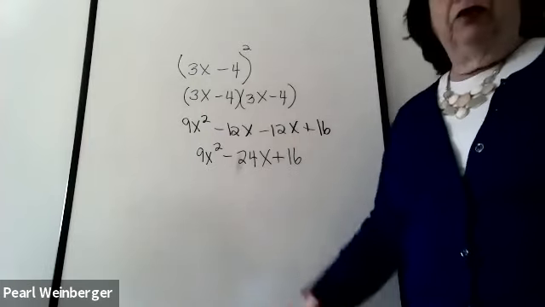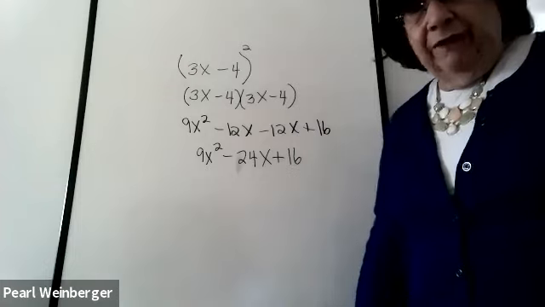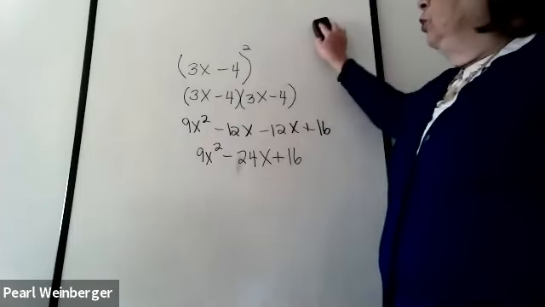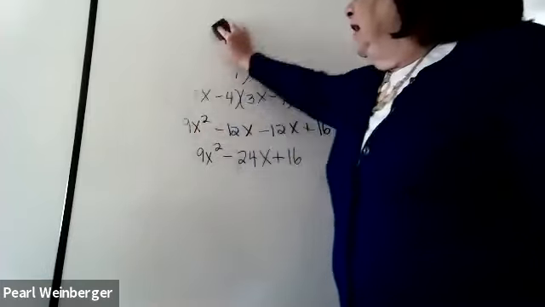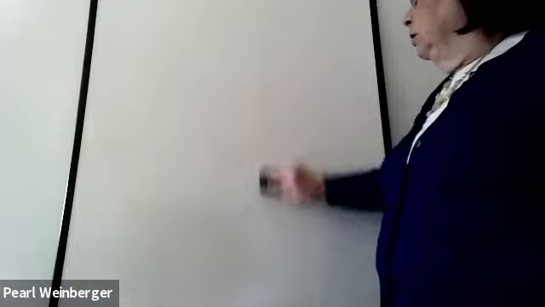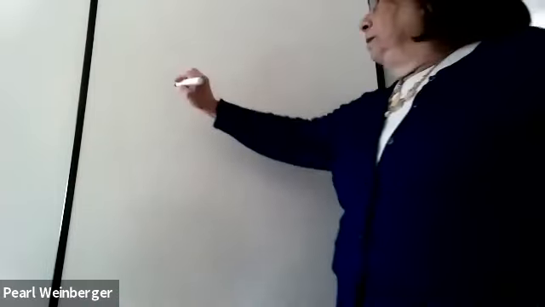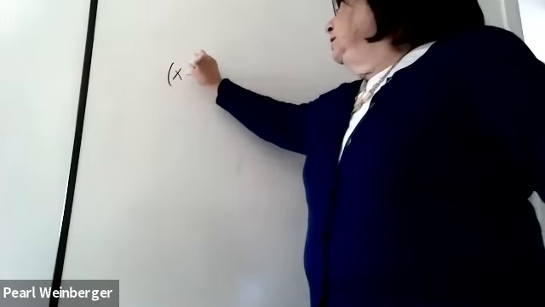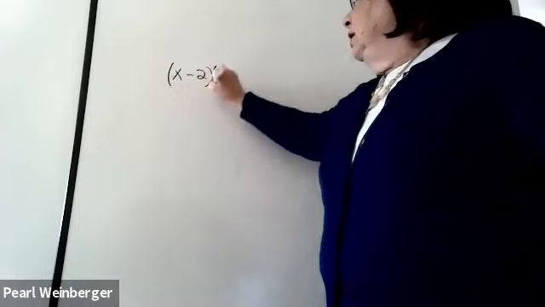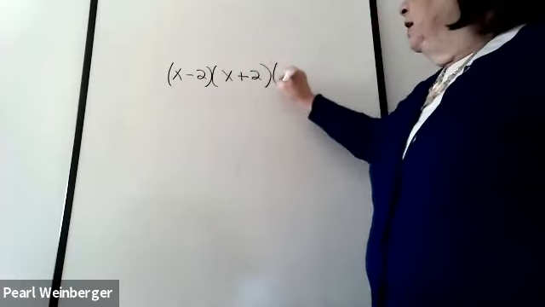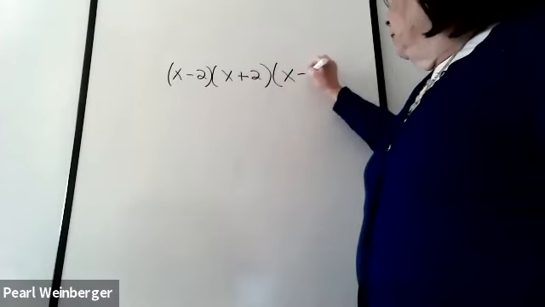There are a few other types of questions we could have that have to do with multiplication. Number one, what if they ask you to multiply 3 polynomials? What if they ask me to multiply x minus 2 times x plus 2 times x minus 3, for example?